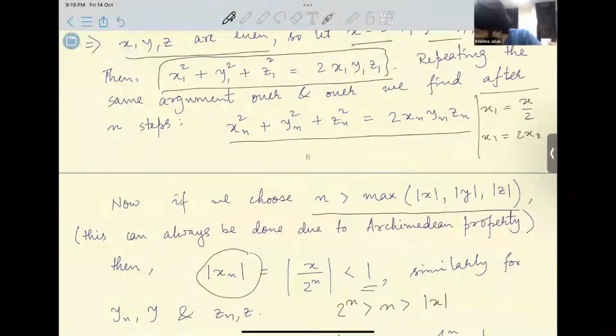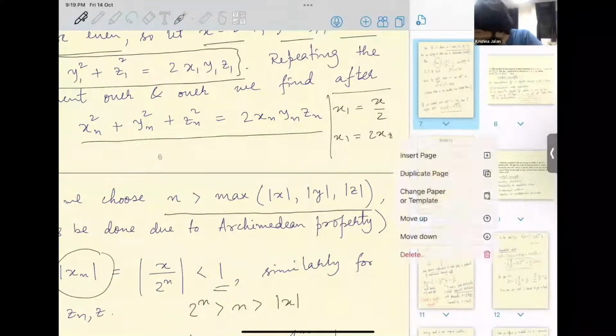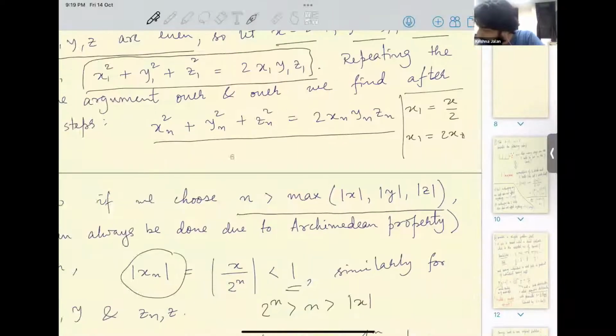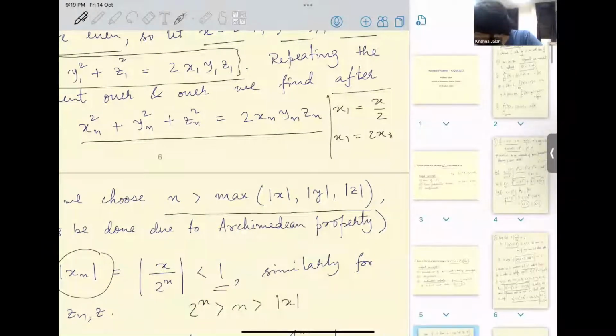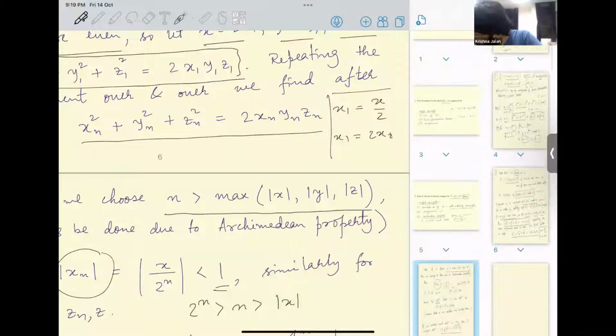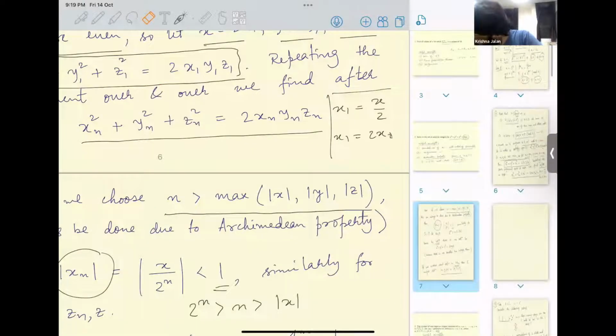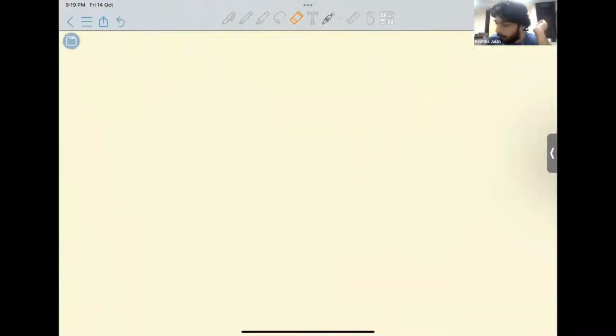Let me use a new page, maybe. Okay. So what I had done is, I had written x is 2x1. So this implies that x1 is equal to x by 2.